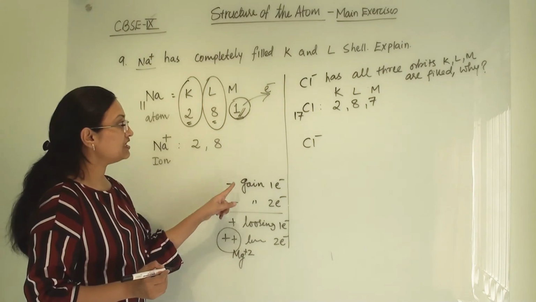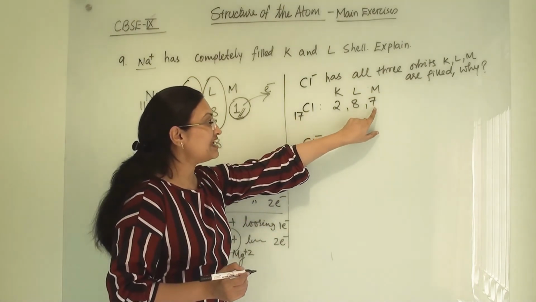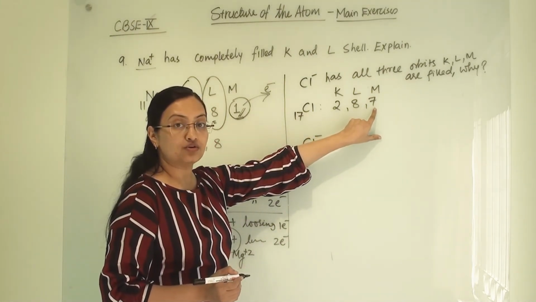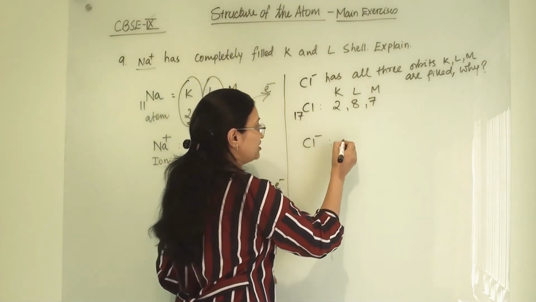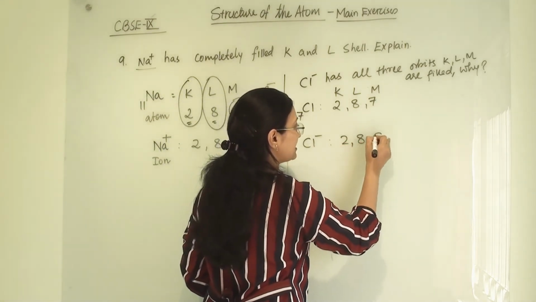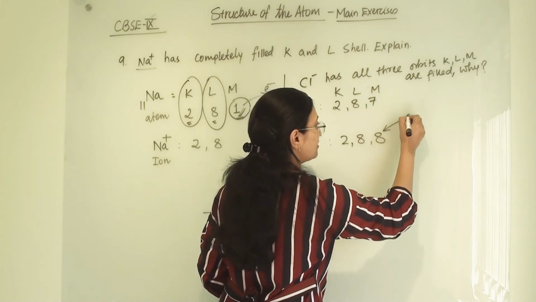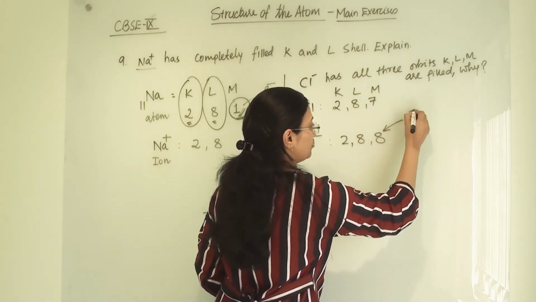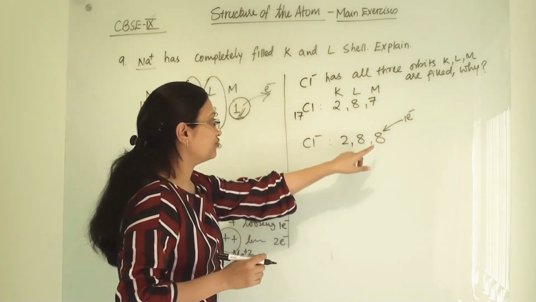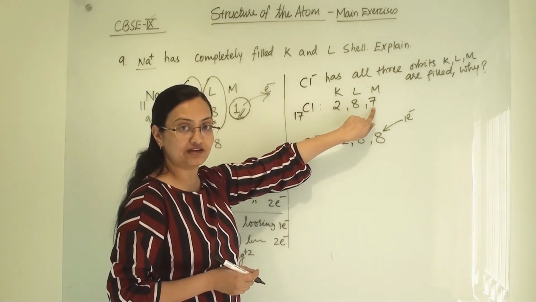Magnesium will generate 2 positive charges and become Mg2+. Here chlorine is gaining 1 electron in its outermost shell, so it will become 2, 8 and 8. It gains 1 electron because the outermost shell has 7 electrons.